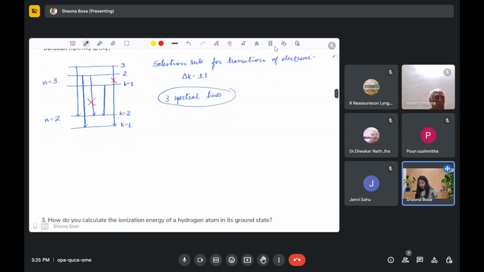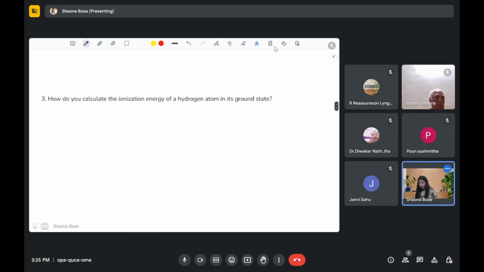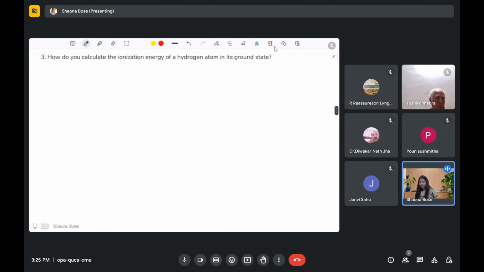Okay, so let's go to the next problem. How do you calculate the ionization energy of a hydrogen atom in its ground state? We all know that it's something around 13 point something, right? But how do you get that?